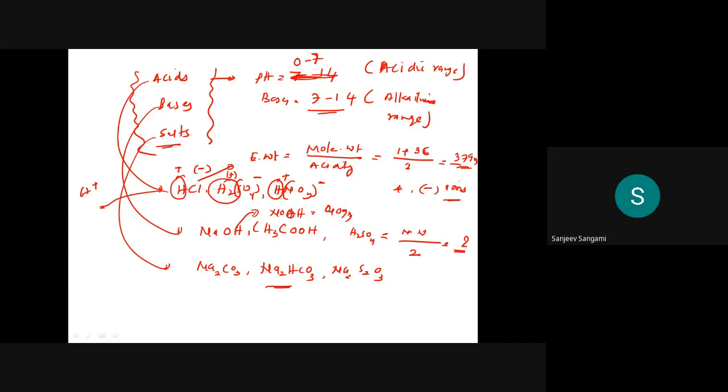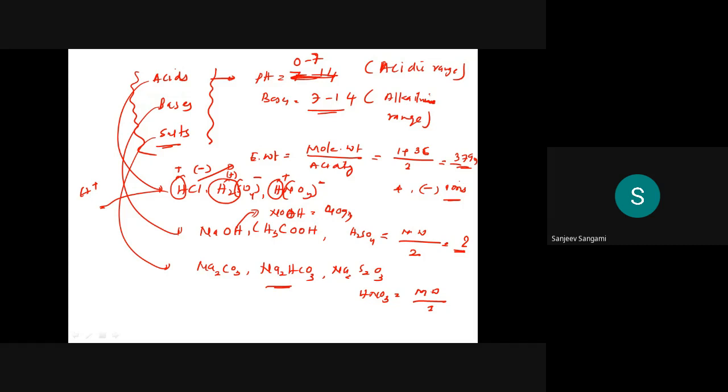Similarly for HNO3, it will be the molecular weight divided by its basicity, which is 1. The H plus ion is 1. Here you can see its H plus ion is 1, so we always divide by 1. That way the equivalent weight of any compound is calculated.